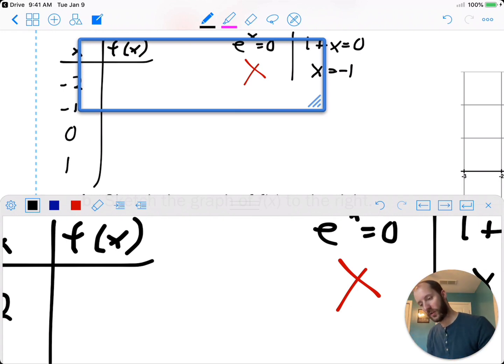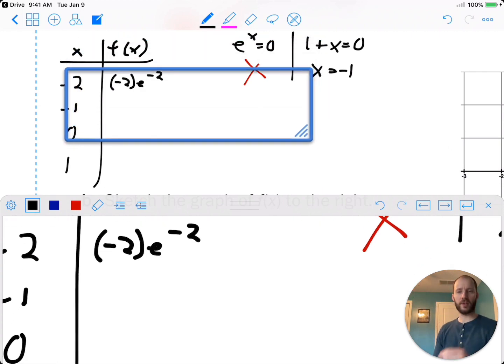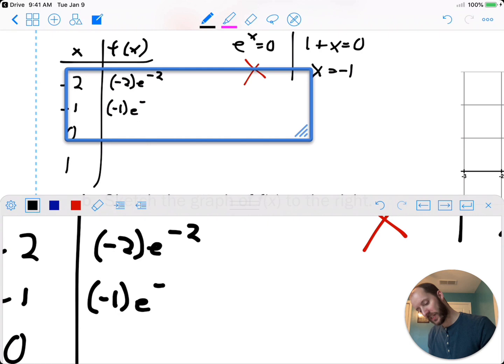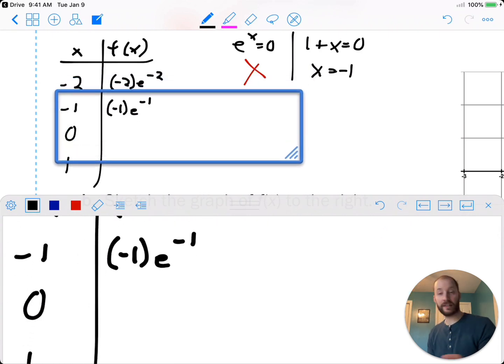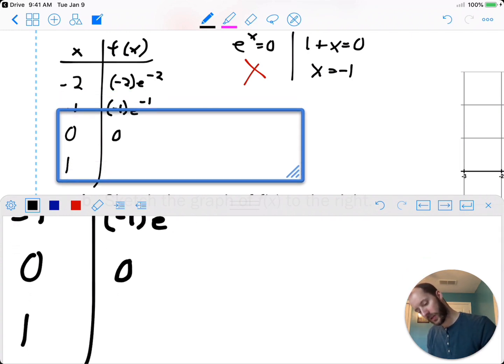So -2, plug that in. -2 times e to the -2. That's a pretty small number, pretty close to 0. -1 times e to the -1. That's still a small number, but further from 0. Plug in 0, you get 0. Plug in 1, you get e to the first.